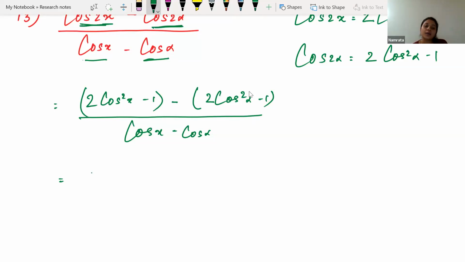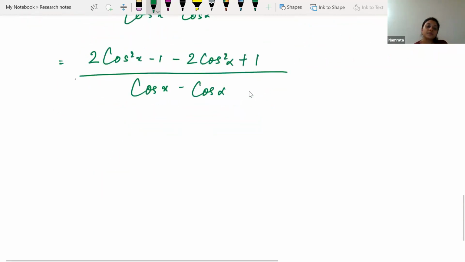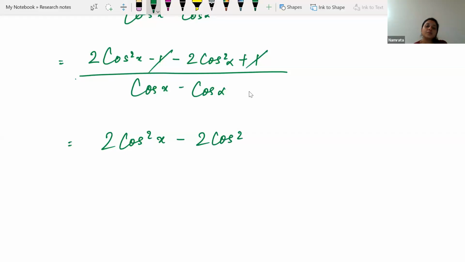So I write 2 cos square x minus 1 minus 2 cos square alpha, and this minus 1 becomes plus 1, divided by cos x minus cos alpha. Now the 1 and 1 cancel out, and we have 2 cos square x minus 2 cos square alpha divided by cos x minus cos alpha.